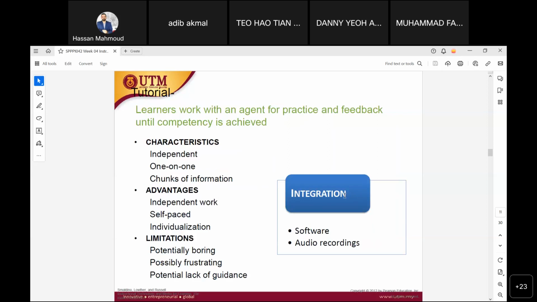Now we have something called tutorial. When we talk about tutorial, we are talking about something that is related to the students, because you need to learn about something. So what you need to do is look out for a tutorial to get you on the right path to learn.